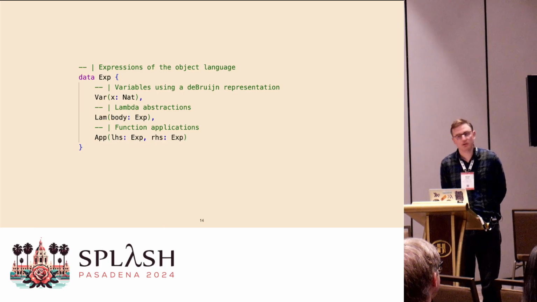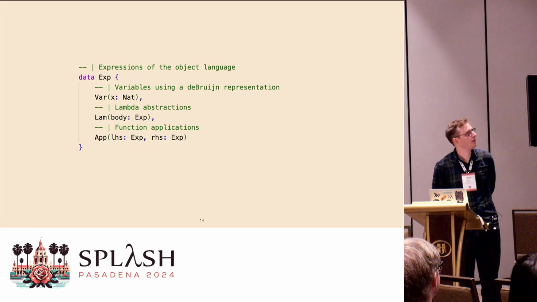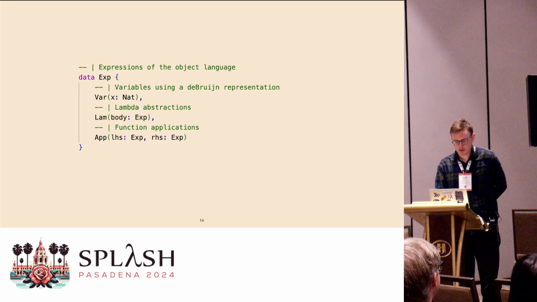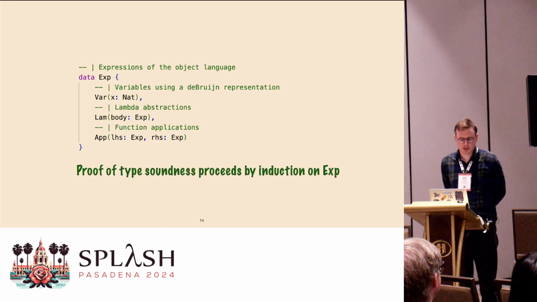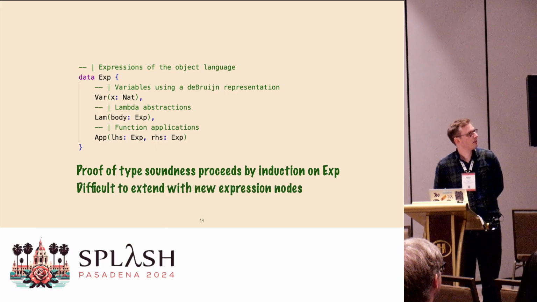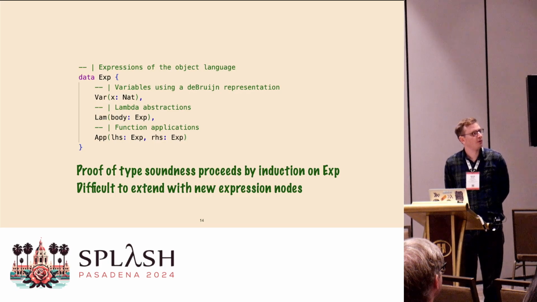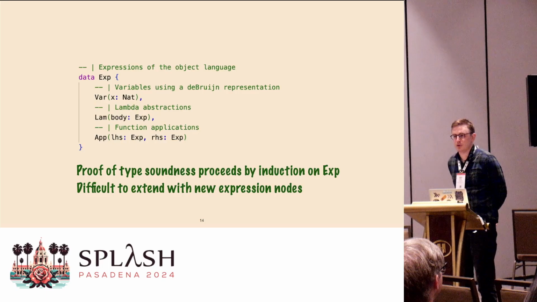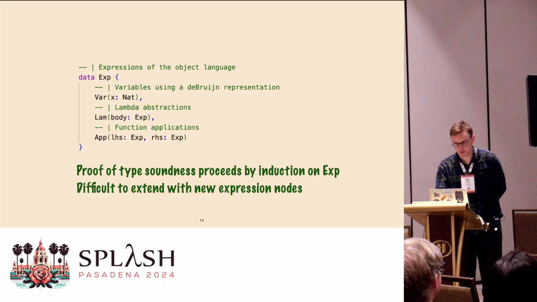Here with a de Bruijn representation. This is why we use natural numbers. And you would prove properties such as type soundness by induction on this data type of expressions. But the expression problem says that it is difficult to extend these proofs with new expression nodes. For example, if you wanted to add pairs to this language.